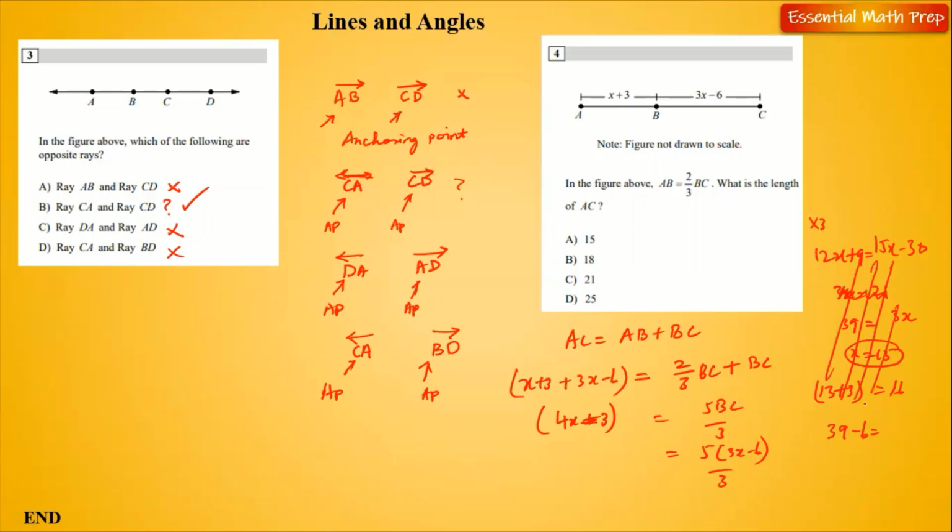So all of these are incorrect, and that's why it seems like it won't even add up to any of the answer choices here. So 4x minus 3 equals, let's redo this, 5 times 3x minus 6 over 3, right? Multiply by 3 on both sides to get 12x minus 9 equals 15x minus 30. So that'll be 3x equals 21, so x equals 7, right?